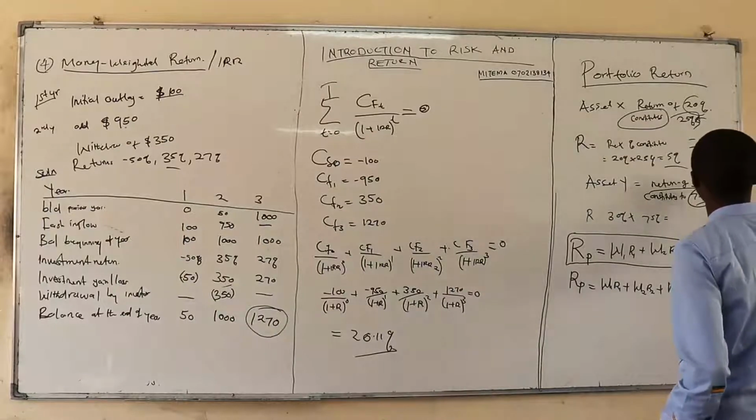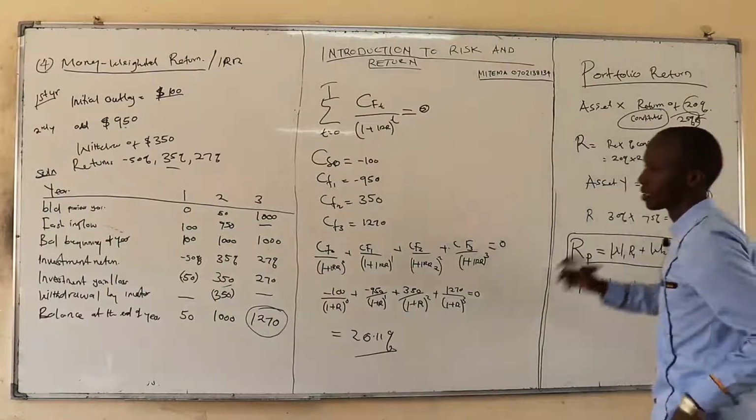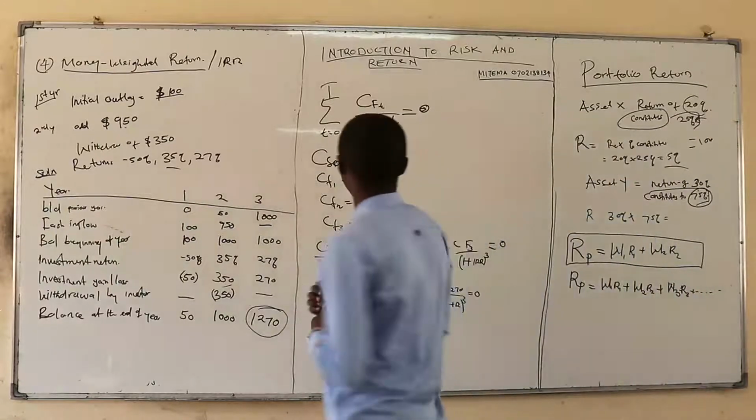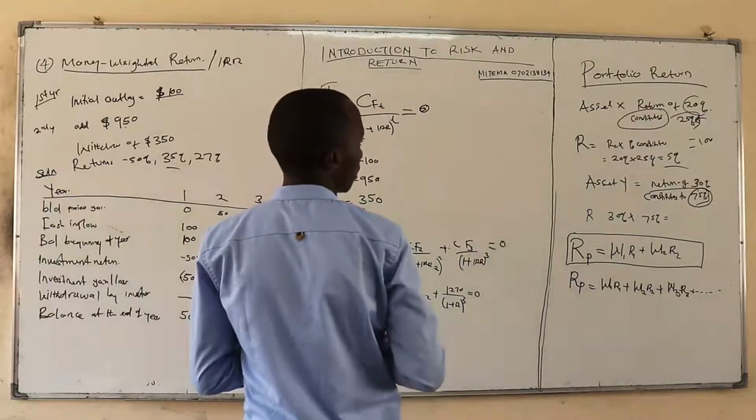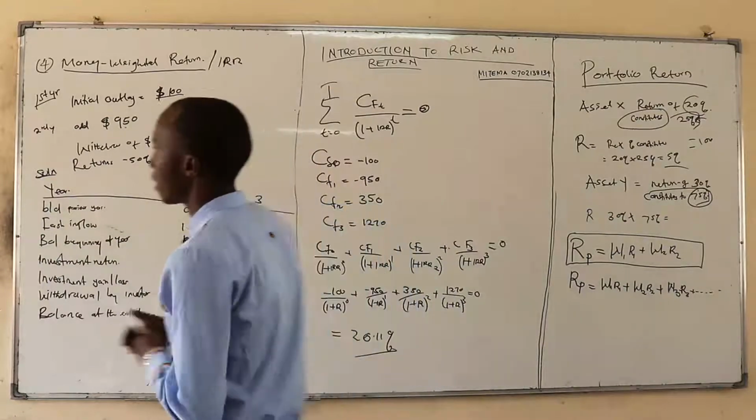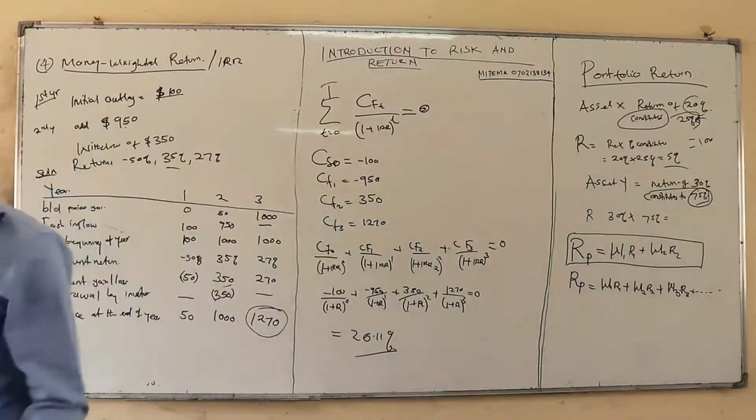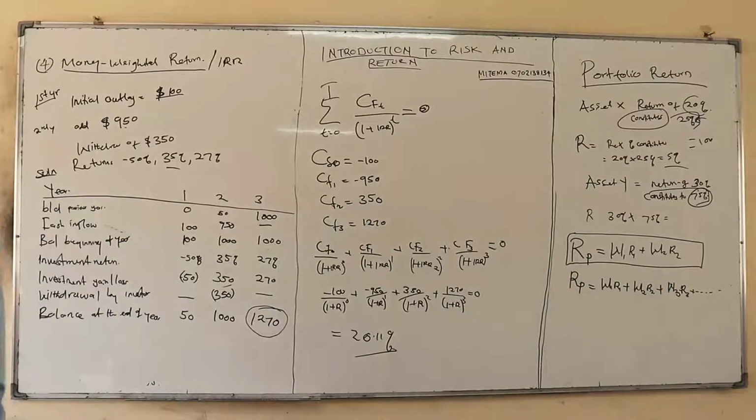When you add 75 to 25, you find 100%. So where there are two assets in a portfolio, their weights must always add up to 100%. So the first weight plus the second weight will give you 1, that's 100%.